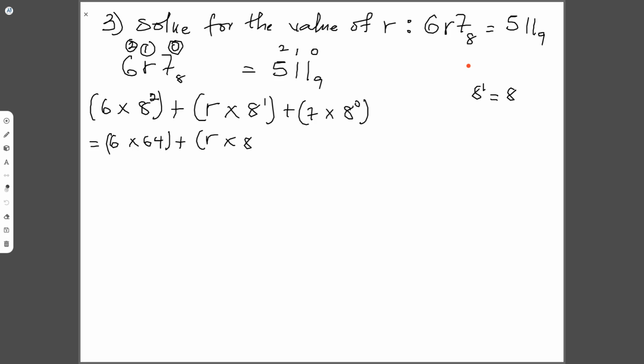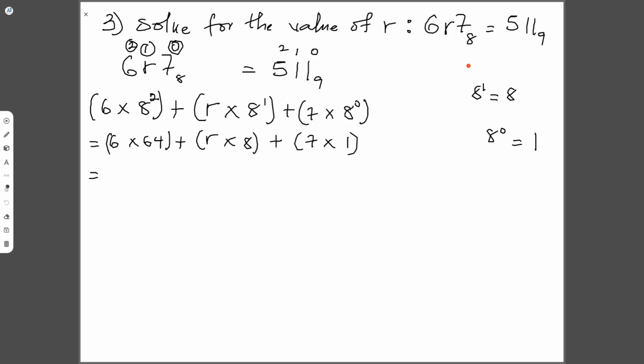Plus 7 multiplied by 8 raised to the power of 0. From the law of indices, any number raised to the power of 0 is 1. So 8 raised to power 0 will be 1. So we have multiplied by 1, close the brackets.